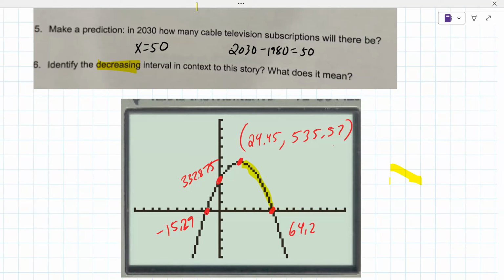All right, I am back. Did you calculate this for x equals 50? Yeah, I'm putting it in.